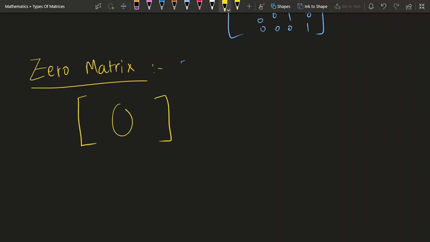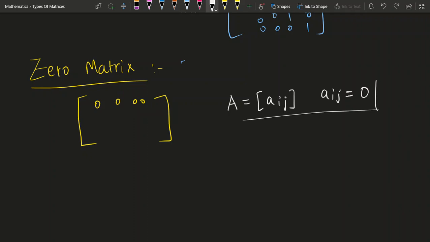It's not a single big 0, all the entries are just 0. If you want to write a bit of mathematical notation, A equals a_ij, wherein a_ij is equal to 0 for all i, j. That constitutes a zero matrix.